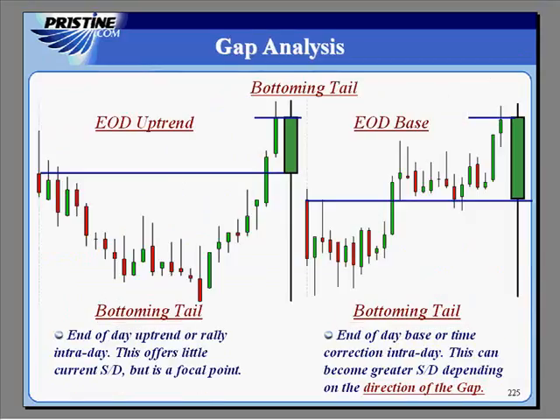The idea is the same with bottoming tail bars. So whether it's a COG, a 10-10 bar, bottoming tail bar, topping tail bar, we're going to do exactly the same thing. Look at how it's set up intraday. If the bottoming tail bar here is saying it's going to go higher, well, it's already been moving higher into the close.